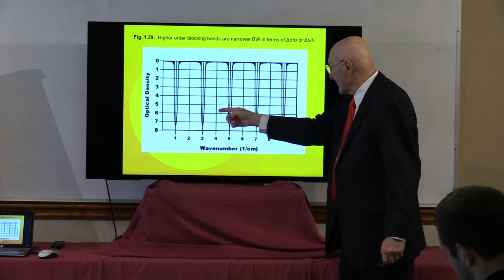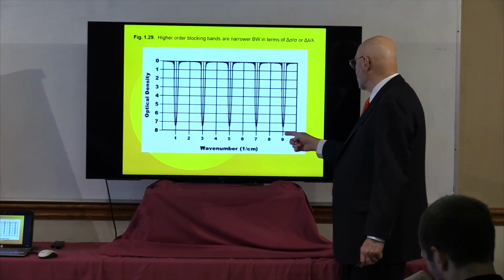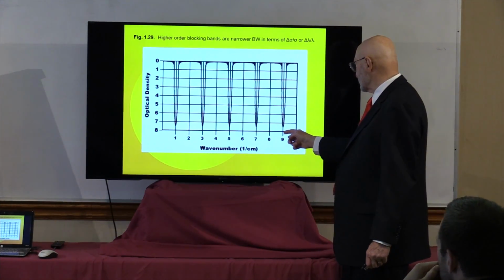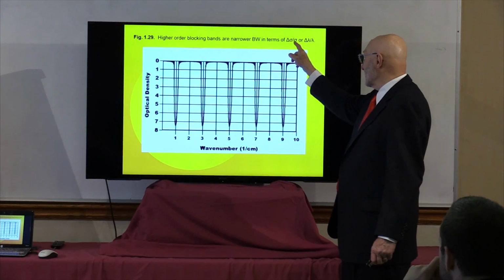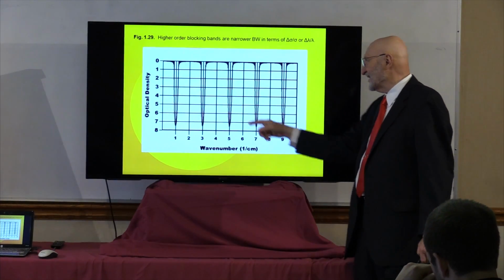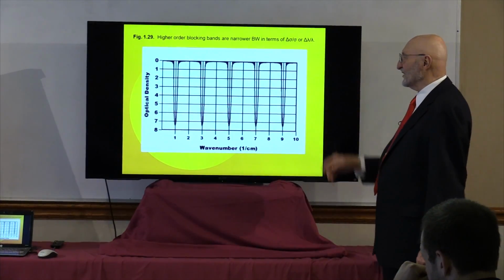But when I go from that frequency to 9 times that frequency, the width divided by the frequency is now 9-to-1 what it was there, or 1/9, or the same thing on a wavelength scale.